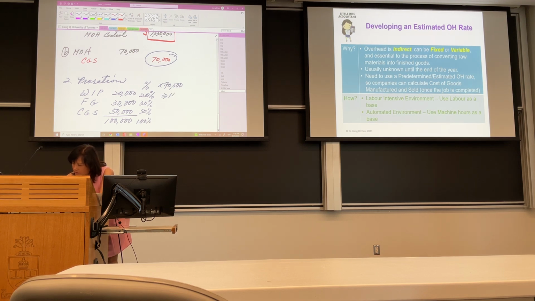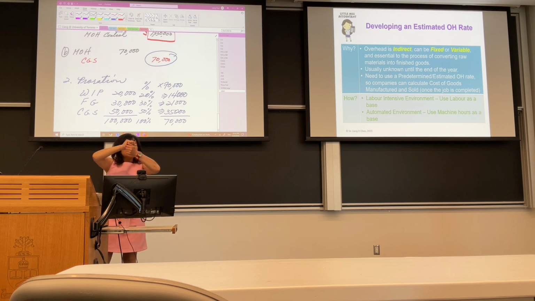So this one I'm going to adjust 14,000, 21,000, 35,000. So altogether I'm going to adjust 70,000. So 70,000 split 3 ways based on what? Based on their ending balance, not equally divided.